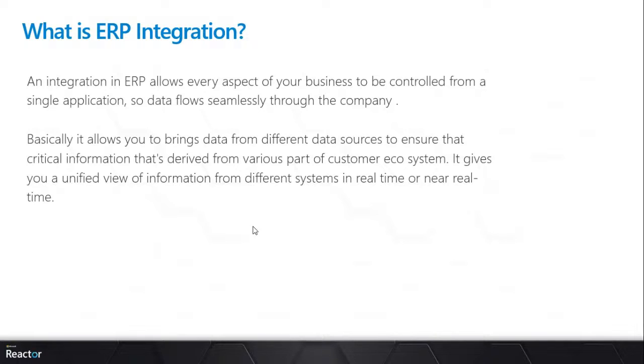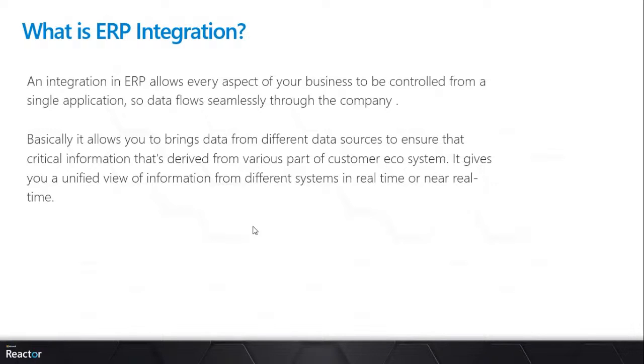So by definition, ERP integration allows you to control every aspect of your business process, right from your accounts receivable, accounts payable, your production planning, your master planning, or maybe sales and marketing, all from a single application perspective, right? So data flows seamlessly through the company.